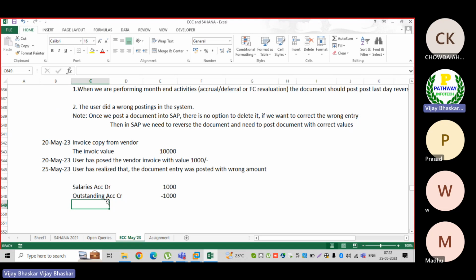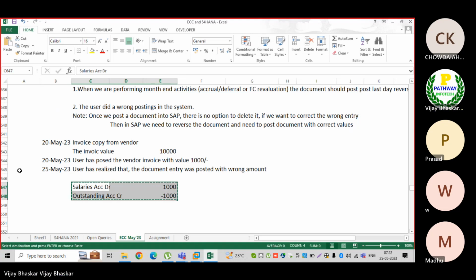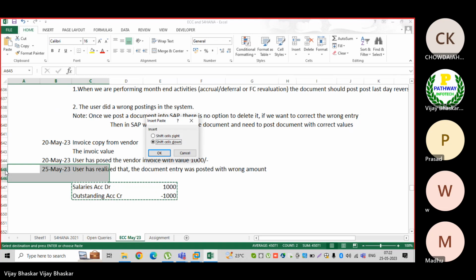This was the document which I posted in the system on 20th of May. I'll put this value below here.